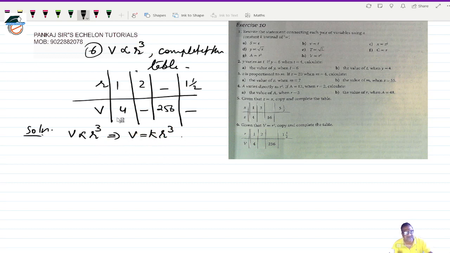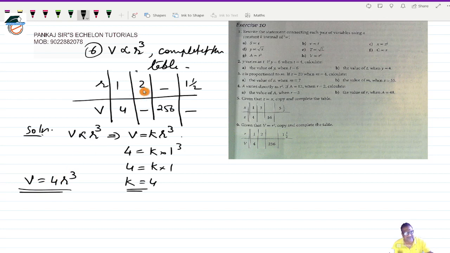Now one set of V and R is given, so I'll put those values in. 4 will be equal to K times R is 1, so 1 cube. That is 4 equal to K into 1. So my K is equal to 4. And if I put it in this formula, I'll get V is equal to 4 times R cube. This is going to help me get all the answers.